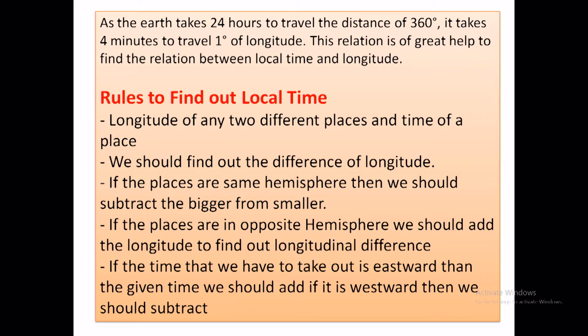These are the rules you have to be clear about. The first rule is, the longitudes of any two different places and the time of a place we require. Means if the longitudes of two places are given to us and the time of a place is given, at that time we can find out the local time.